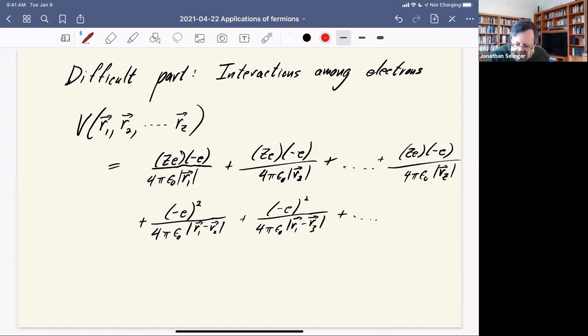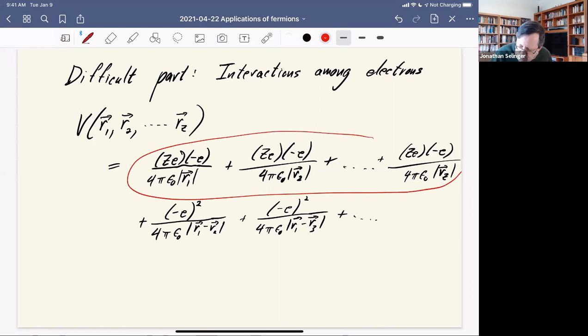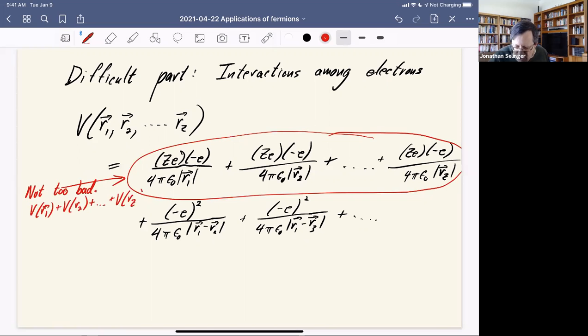So here we would say the first set of terms is not too bad. This stuff looks like each individual electron interacting with a potential. So this looks like V of R1 plus V of R2 plus through V of RZ.